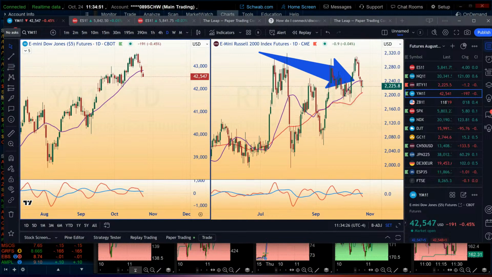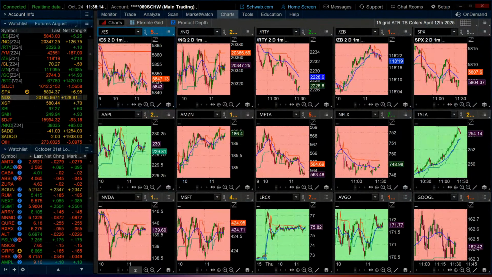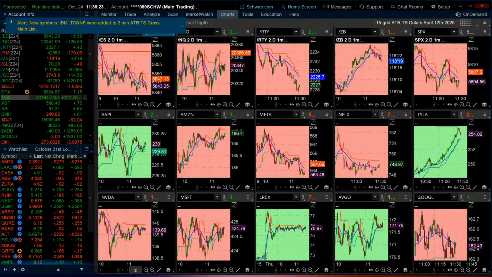Ever since Schwab took over Thinkorswim, there have been a lot of performance problems. All right, let's see if it works better now.